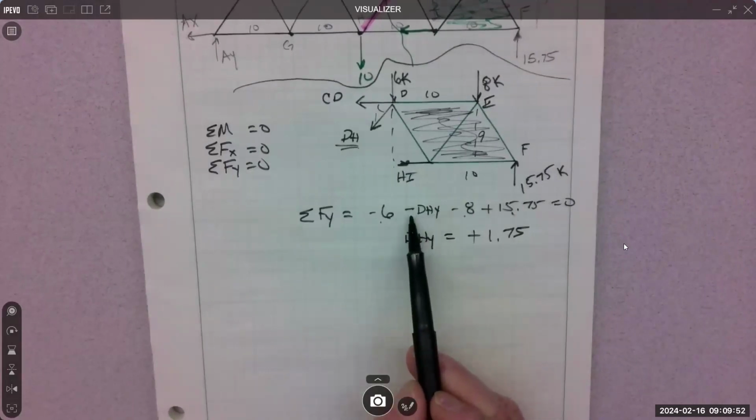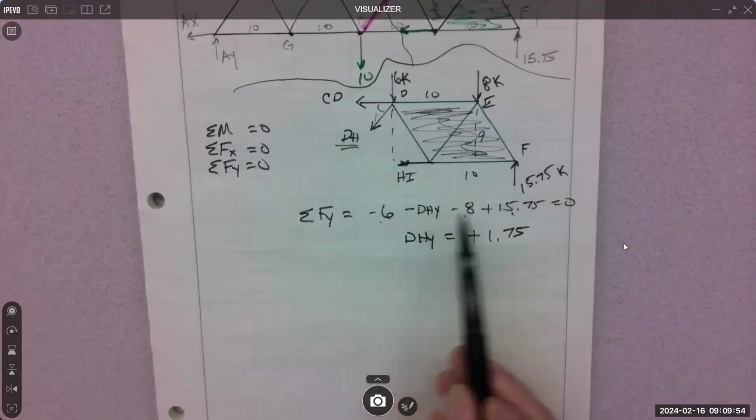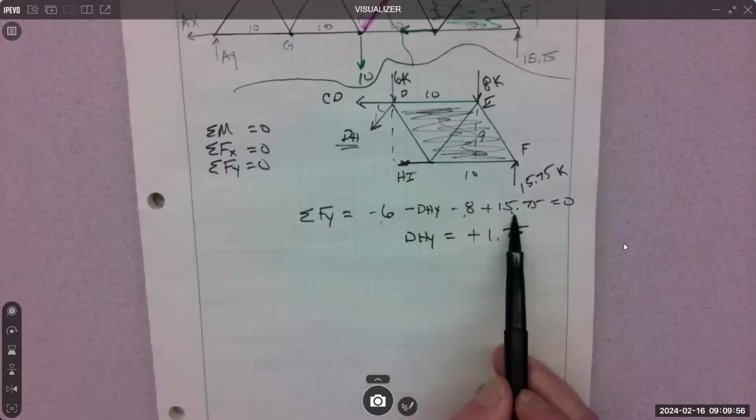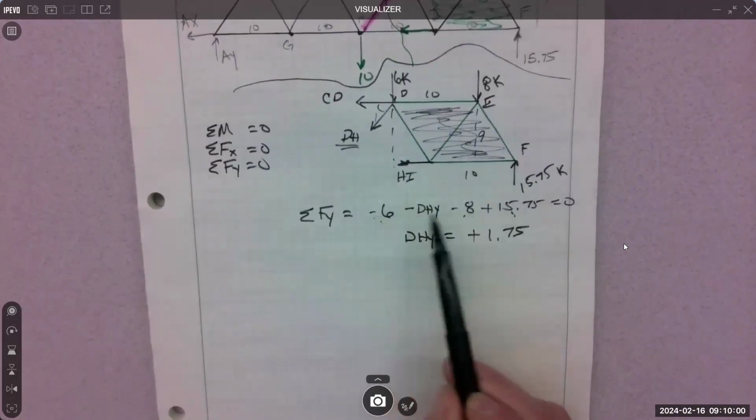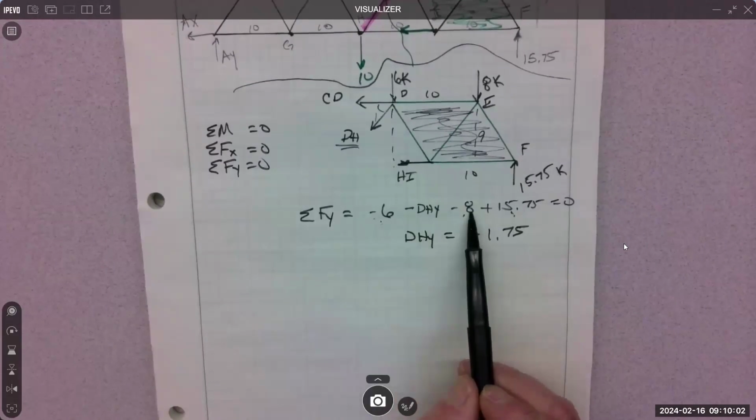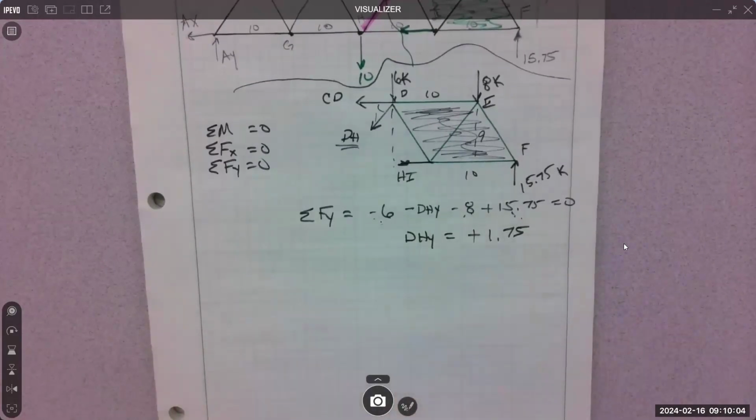DHY is negative. What do we do with this? Put it on your side. Yeah, so then all this stays here. So this becomes negative, this becomes positive. Nice job. So it does point away. DHY is going to be in tension.